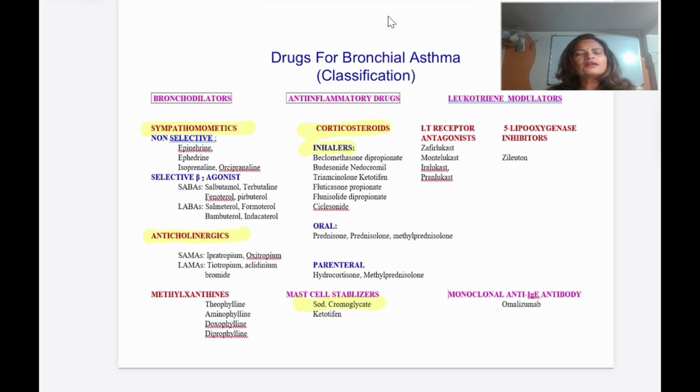Now in an inhaler, depending on the type of the drug, we have two types: either they are available in solution form or in powder form.